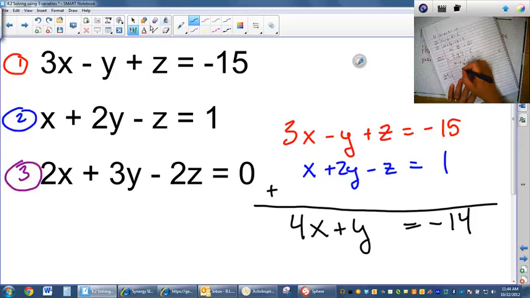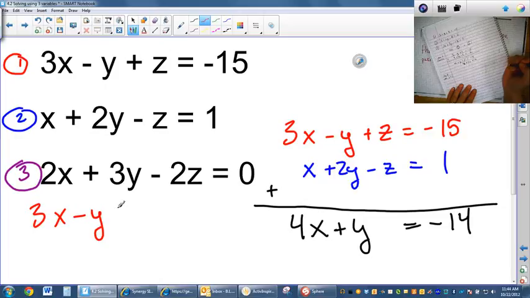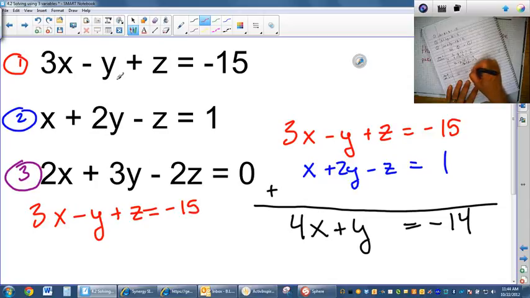Before we can get rid of z, we're going to have to manipulate equation 1 a little bit, because right now we have a positive 1z, and we need a positive 2z. So all we have to do is multiply this top equation by 2.